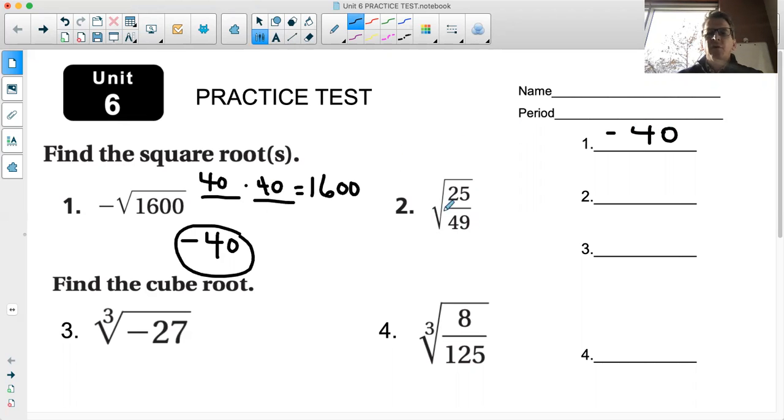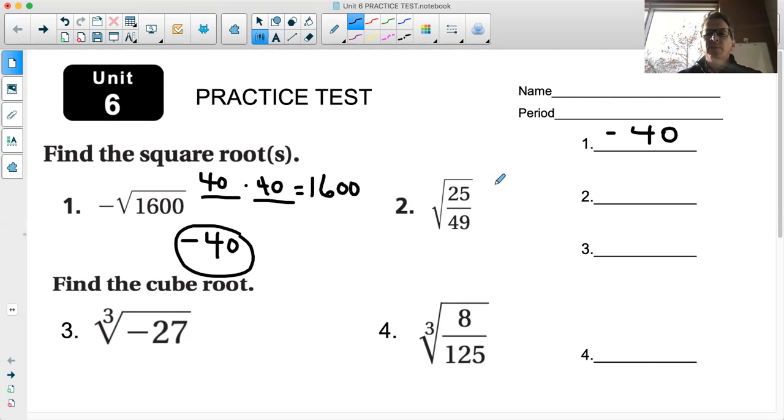Number 2, square root of 25 over 49. So in this case, we have the square root of 25 and the square root of 49. 25 is a perfect square, which is 5 times 5. 49 is a perfect square, 7 times 7.